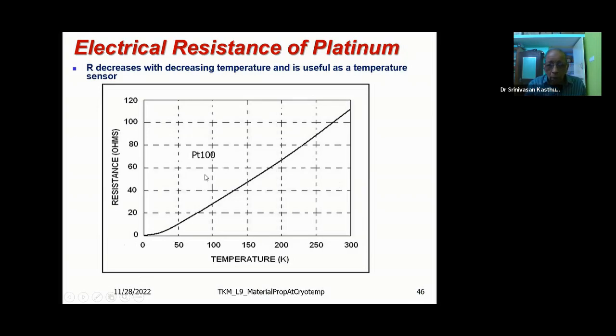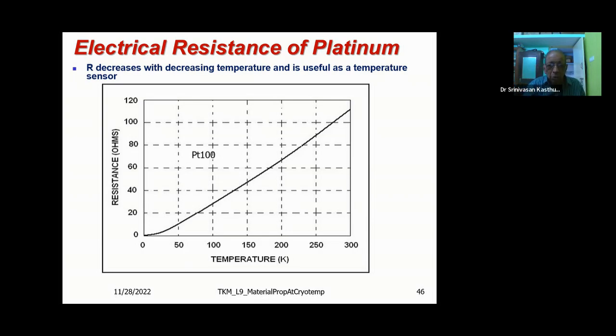Okay, what are the advantages of using this? One advantage is the variation of resistance can be useful as a thermometer. So we have come across what is called the platinum resistance thermometer, which means the resistance varies with the temperature, and so by measuring the resistance, you will be able to determine what is the temperature.